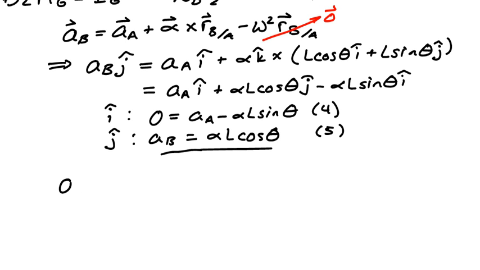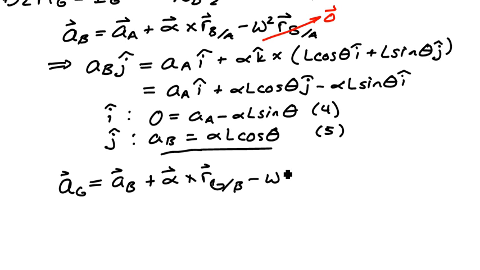In particular, what I'm now going to say is I want to find the acceleration of G with respect to B. And so if I do that, I know acceleration of G with respect to B will equal, or I should say plus, alpha cross R of G with respect to B, minus omega squared R of G with respect to B. Again, noting we're released from rest, the last term here is going to go to 0, and so now I can substitute in.